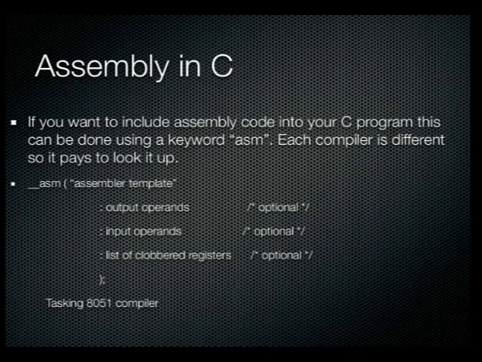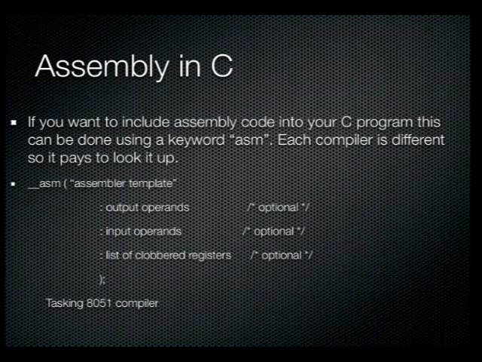Here I've given an example of the Tasking 8051 compiler and how you can include assembler into the compiler using this sort of structure. We can use a keyword, double underscore ASM, then you can specify as a string what particular instruction you want to run.